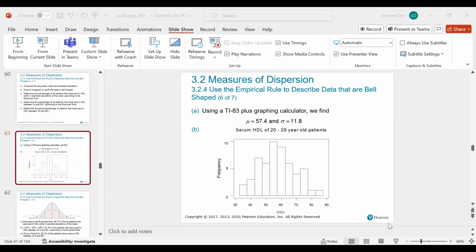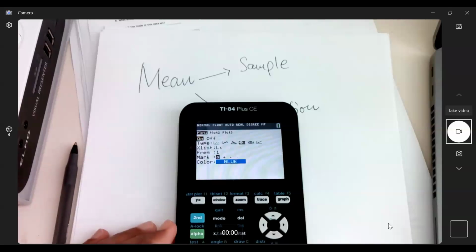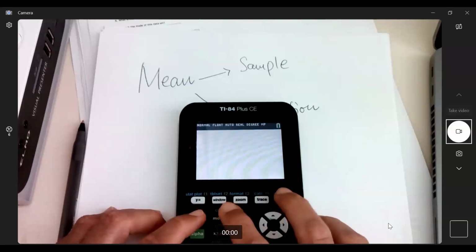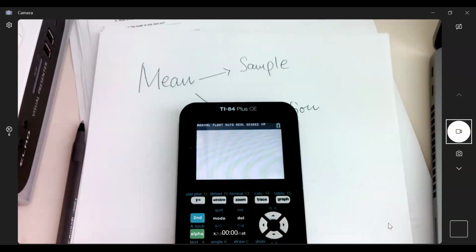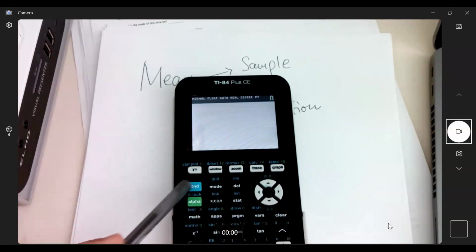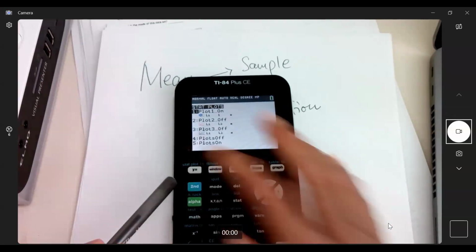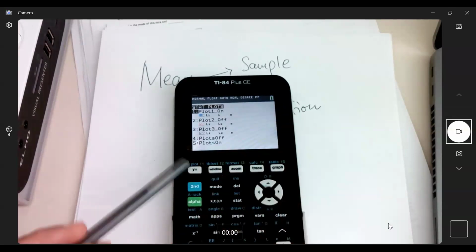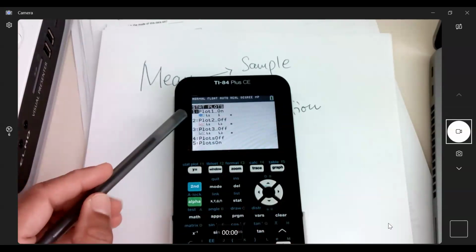All right, so I hope my calculator screen is visible to you. So I'm gonna start from the beginning. First thing, I said that you can press this button, which is called second. Stat plot is right up above it. Second stat plot, that's what I pressed to get here. And I'm on plot 1.